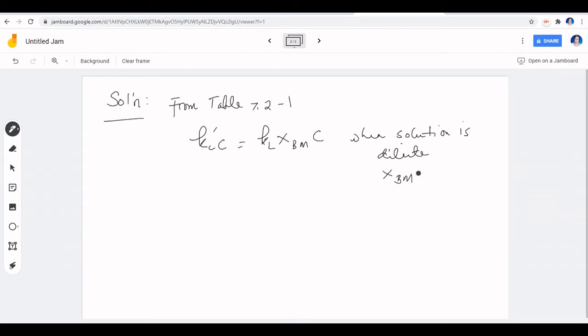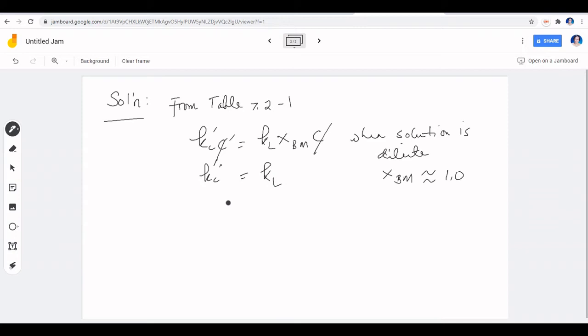So if it's a solution that is dilute, this is automatically 1.0. If this is 1.0 and the C's are just the same, then we can say that our K sub C prime is equal to K sub L. So if we intend to find K sub L, we have to determine the K sub C prime.